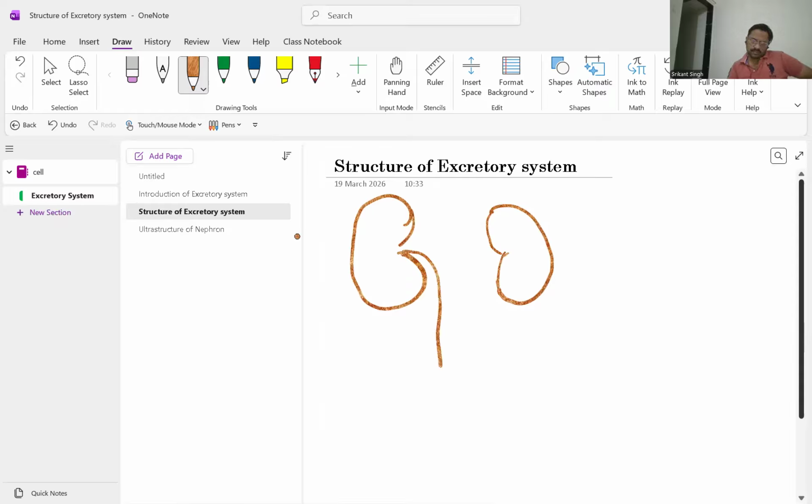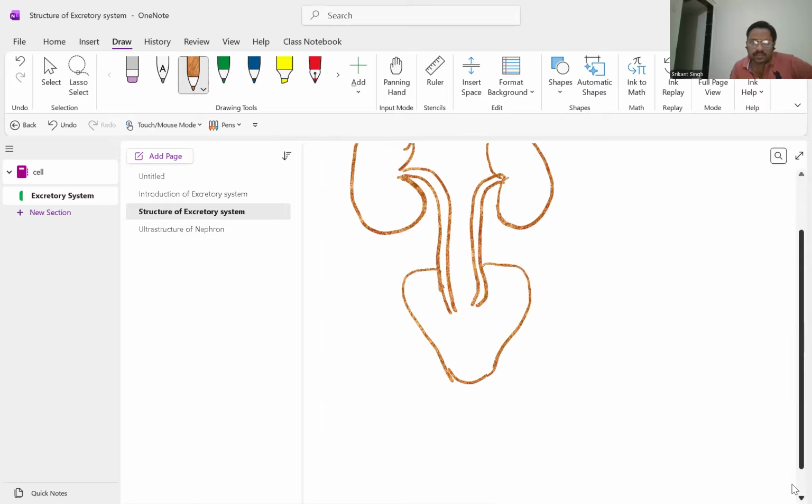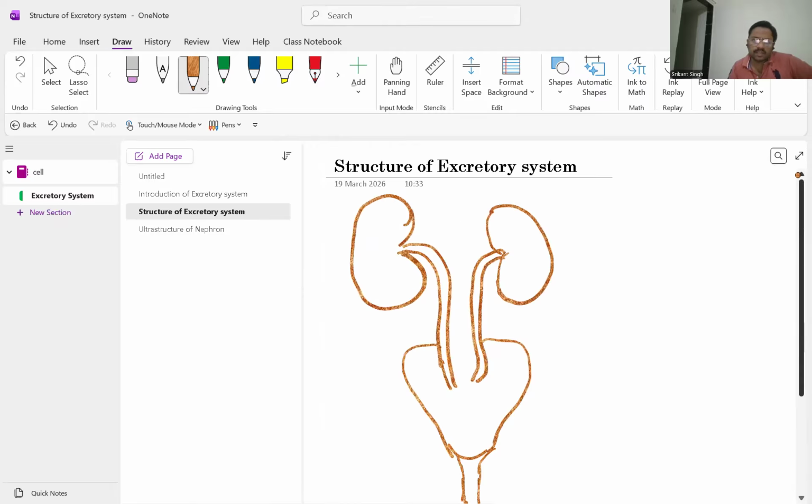From here, it is called the hilum, through which the ureter is excreted out, and it is the urinary bladder. Now, it is the male urethra. Now we go to the labeling.